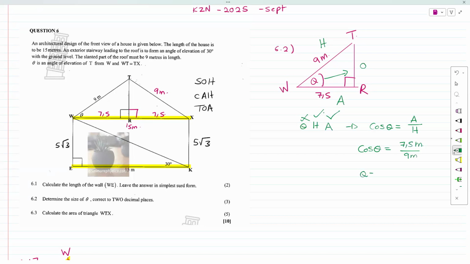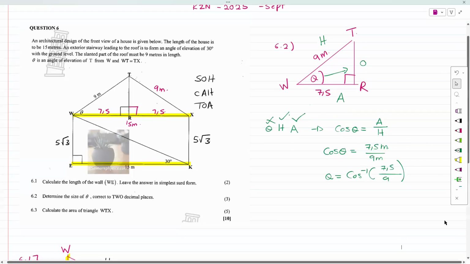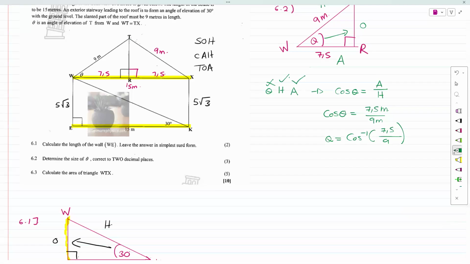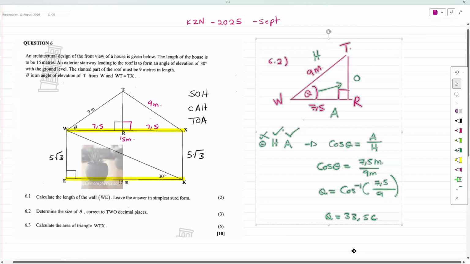And theta is equal to shift cos of 7.5 over 9. This answer should be theta equals 33.56. That should be all it is.